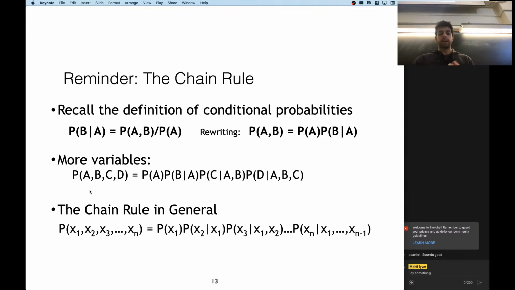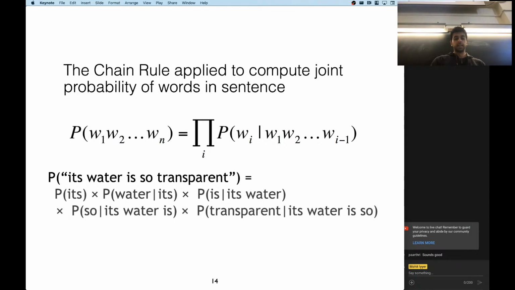Essentially, if you have a joint probability distribution over a set of random variables, you can factorize this into the product of conditional probabilities like you have here. P of A, B, C, D equals P of A times P of B given A times P of C given A and B, and you can extend this out to an arbitrarily long sequence.